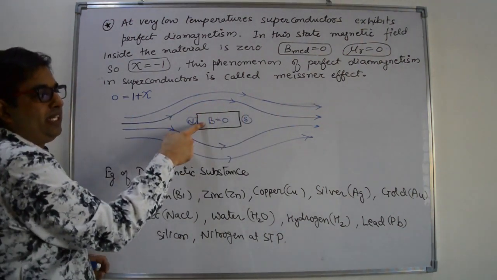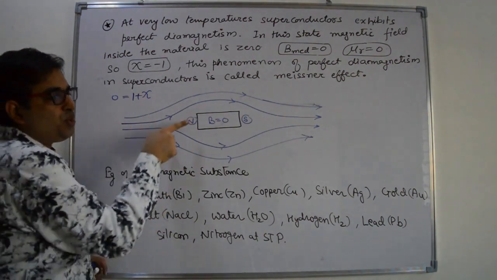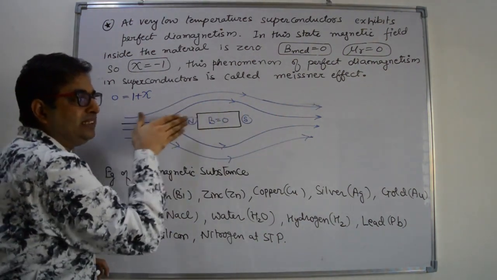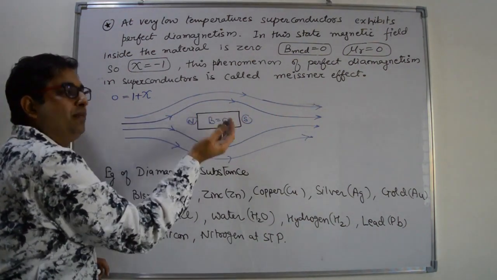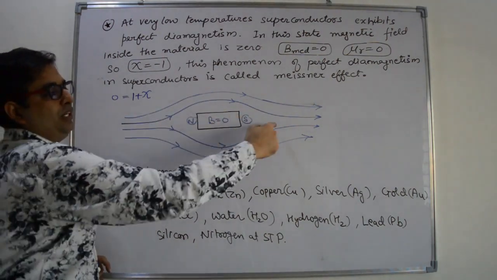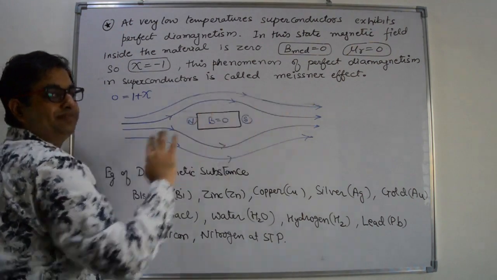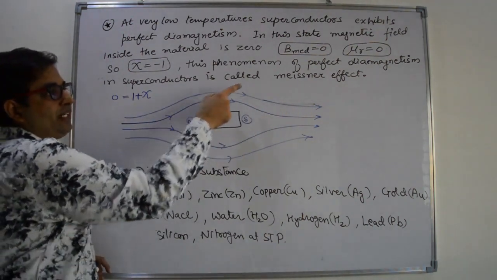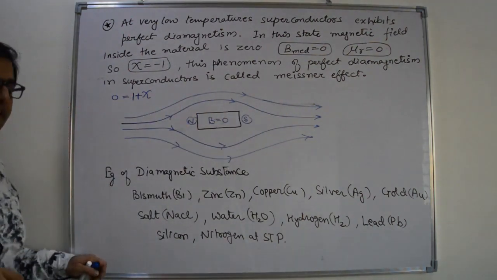So we are not representing any lines inside the material. Why? Because the net magnetic field is zero. So the resultant magnetic field will look like this, right? This effect is known as the Meissner effect.